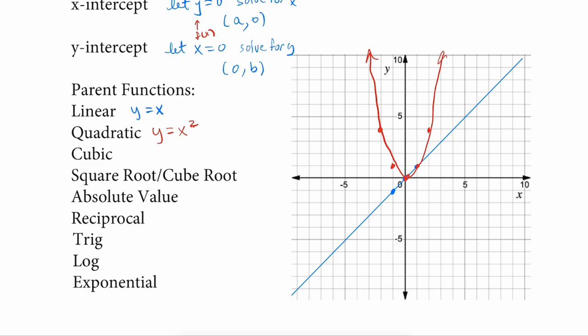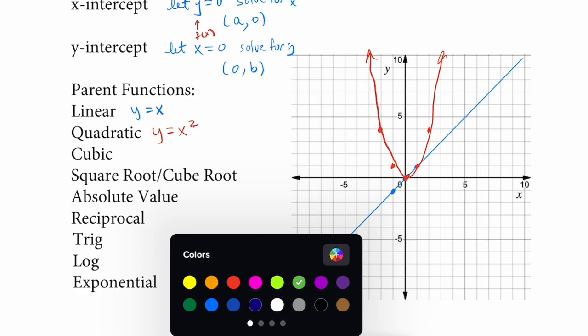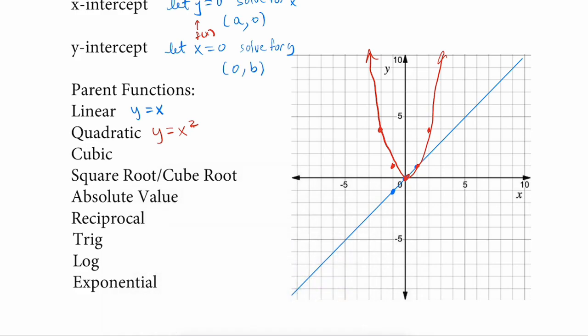Next is our cubic. Our cubic function, y equals x cubed. Remember that one has origin symmetry. So (0, 0), (1, 1), (2, 8).